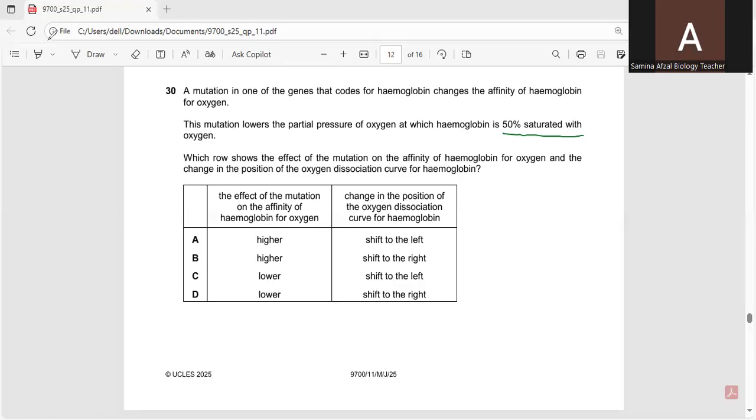So in this way, we have to find out which option is correct.